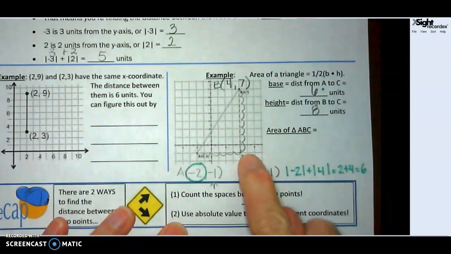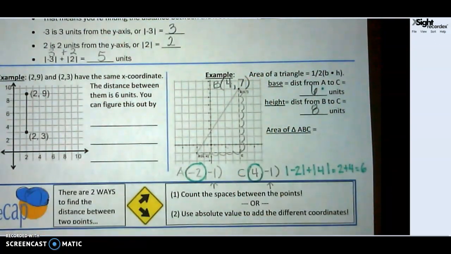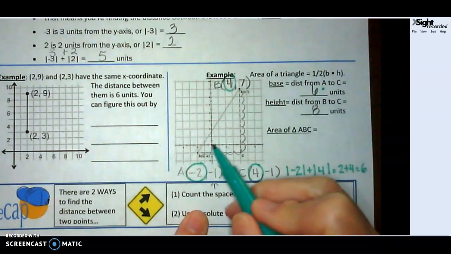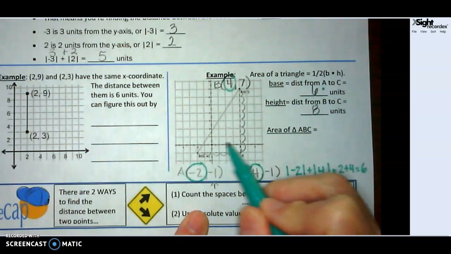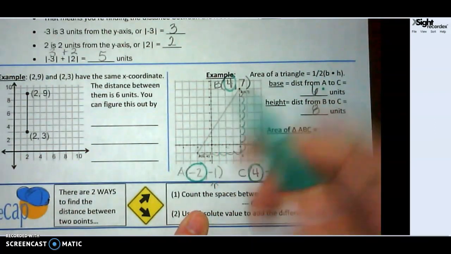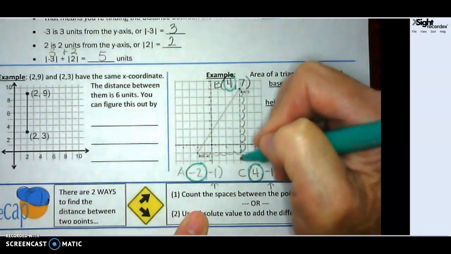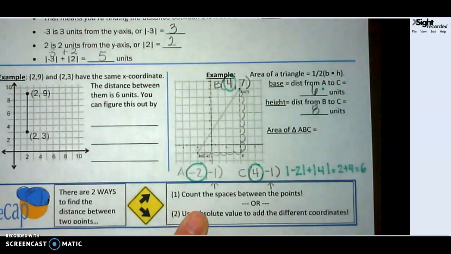When I am looking at the distance from B to C, they're on the same line. The numbers that are the same for these two values happen to be 4, because they are 4 away, 1, 2, 3, 4, from the y-axis. They're on the vertical line. So I don't do anything with those numbers.